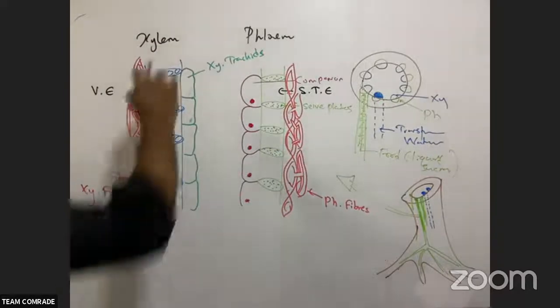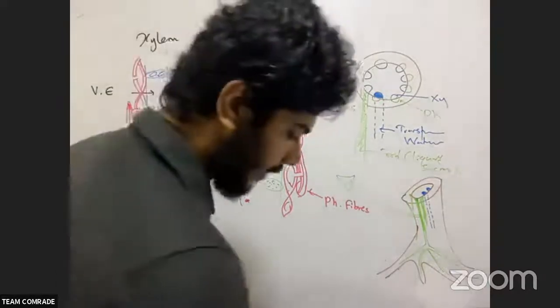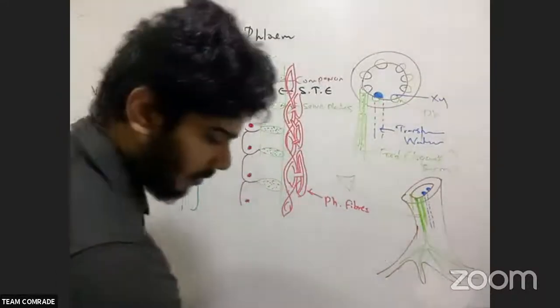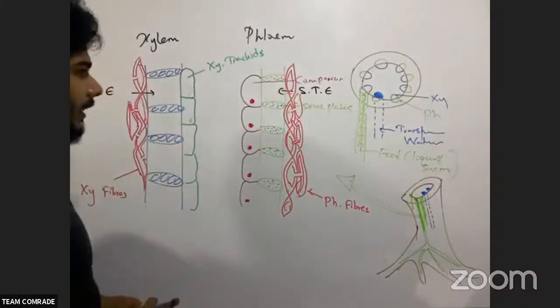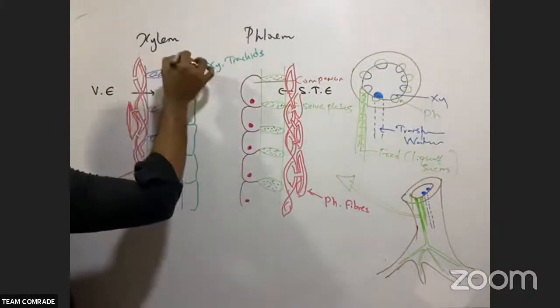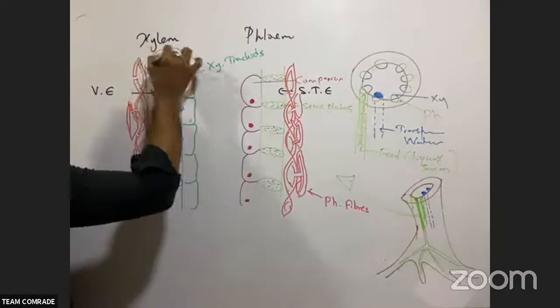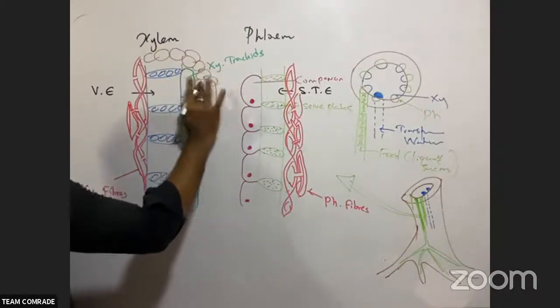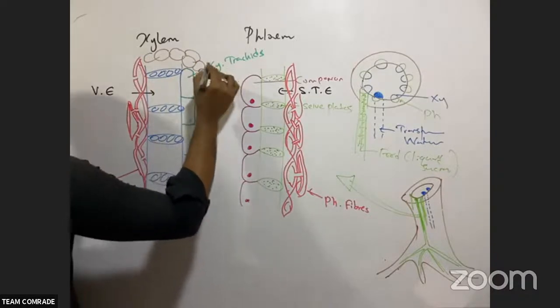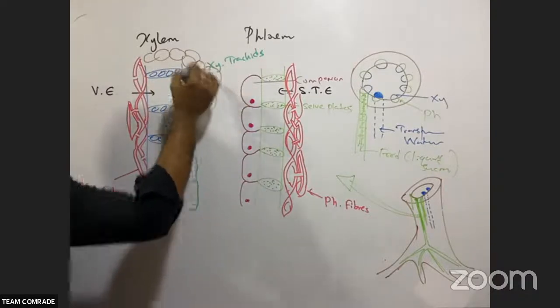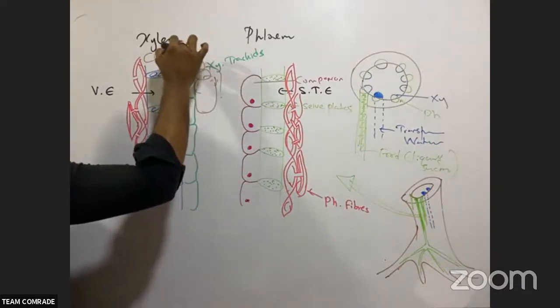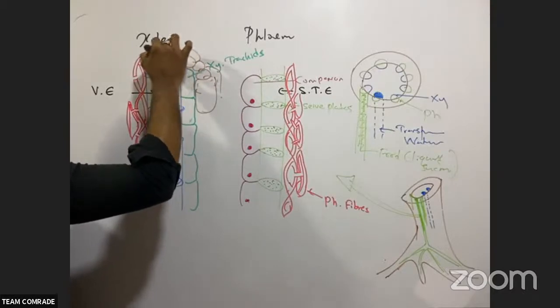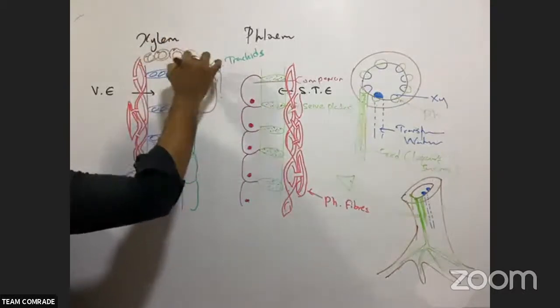Then we have this one, commonly surrounding this. What is this? Xylem parenchyma. Xylem parenchyma. Fine, and tell me, in fibers, what is there?